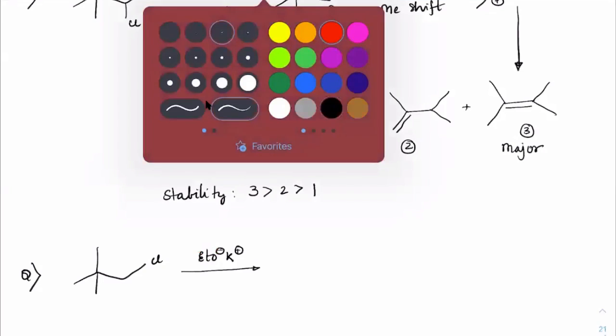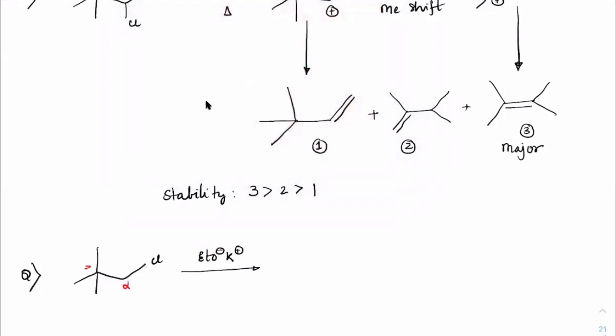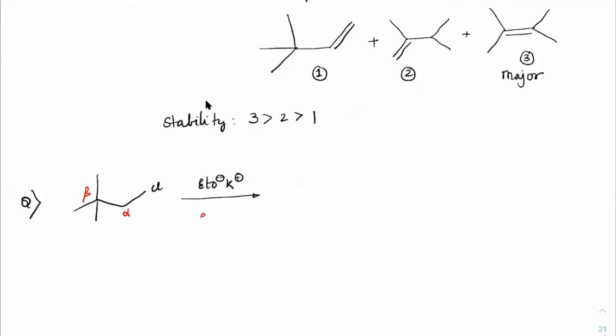Check out the position, everyone. This is the alpha position, this is the beta position, and on the beta position there is no hydrogen. So although it is an E2 condition, write down this is an E2 condition. There is no beta hydrogen here.